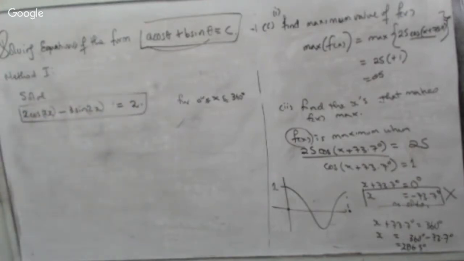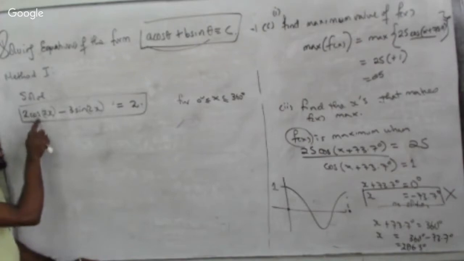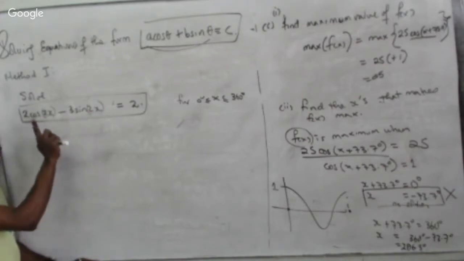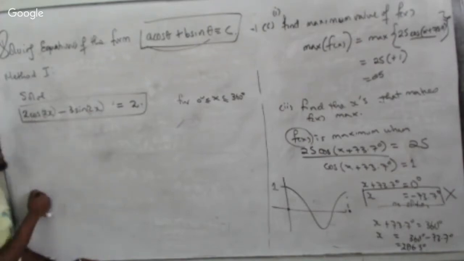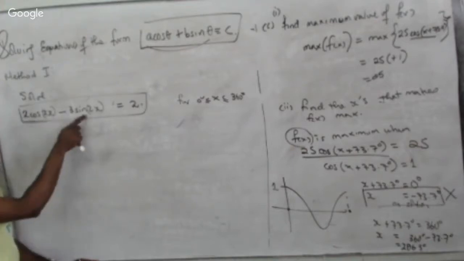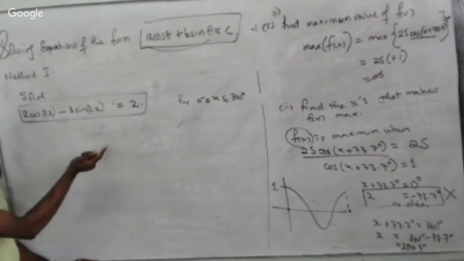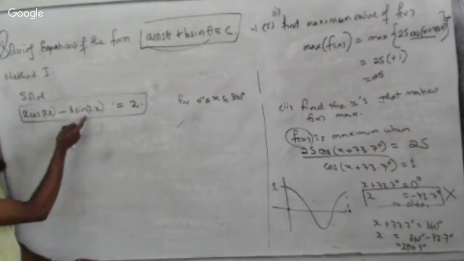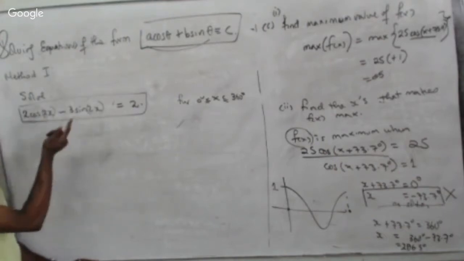First thing I need to say to myself in the exam is that when I'm solving an equation, I need to change everything to one single trig ratio if possible. I could try to change that cos to sine, can't work, because it's not squared. Try to change that sine to cos, can't work.